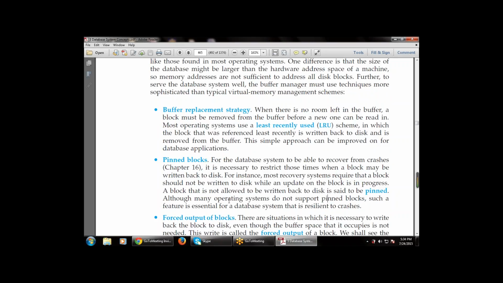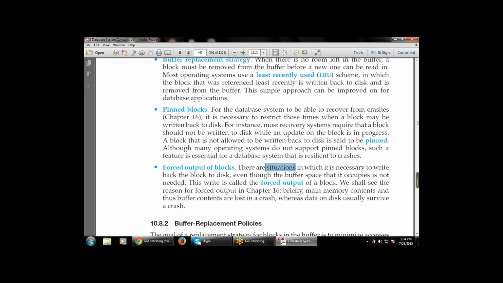Next is forced output of blocks. There are some conditions in which it is necessary to write back the block to the disk even though the buffer space that it occupies is not needed.